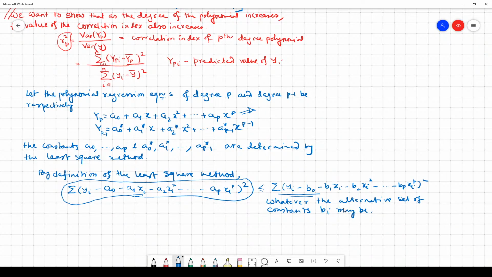Listen carefully. According to the least square method, we minimize the error sum of square with respect to the unknown constants.